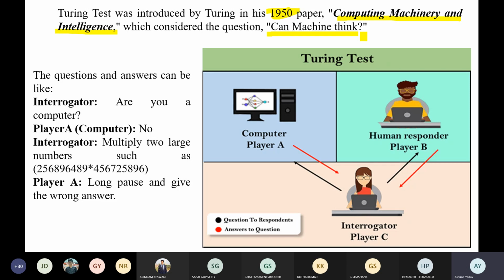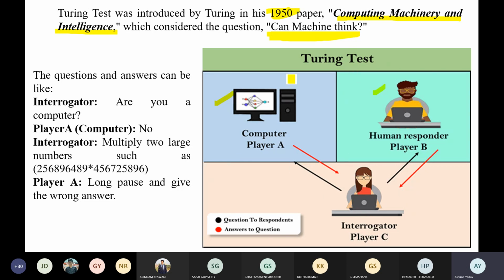He performed an experiment to find whether the machine has artificial intelligence or not. Suppose these are the two systems here. Let's say there are three rooms.